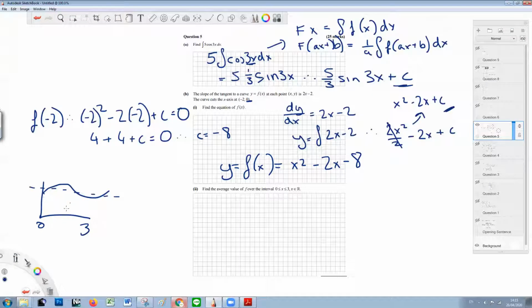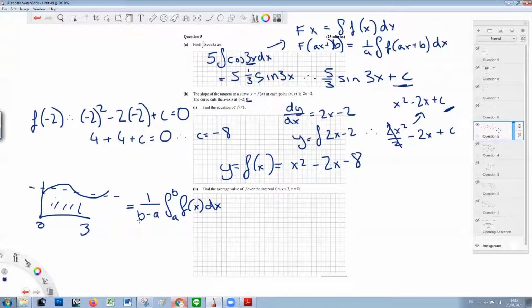So for this, you're essentially looking for the average value of the area under the curve, and in that instance, it's going to be 1 over b minus a, the integral from a to b of f of x dx. You just need to really know this equation, and once you know it, you just sub it back in.